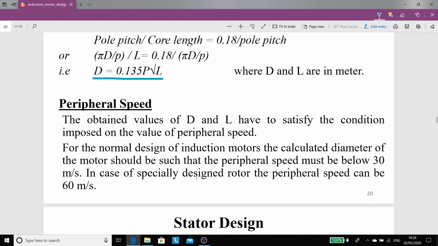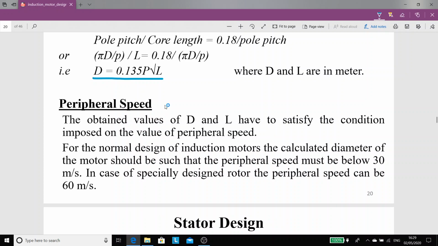So this is about how we are going to separate out this D and L, the main dimensions, how we are going to calculate them, and what the lower side constraint and the higher side constraint are, which we also discussed.